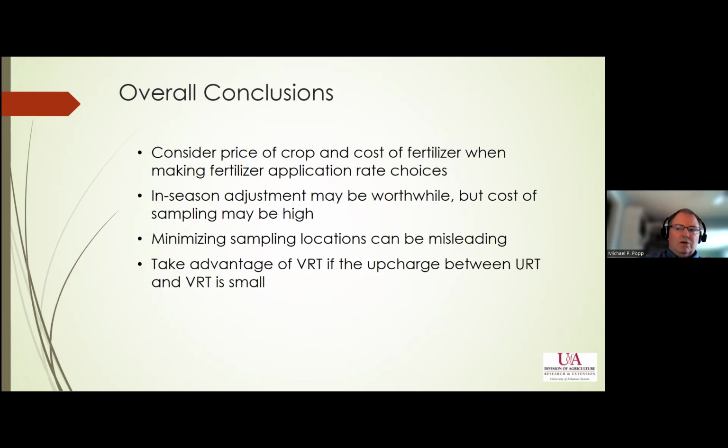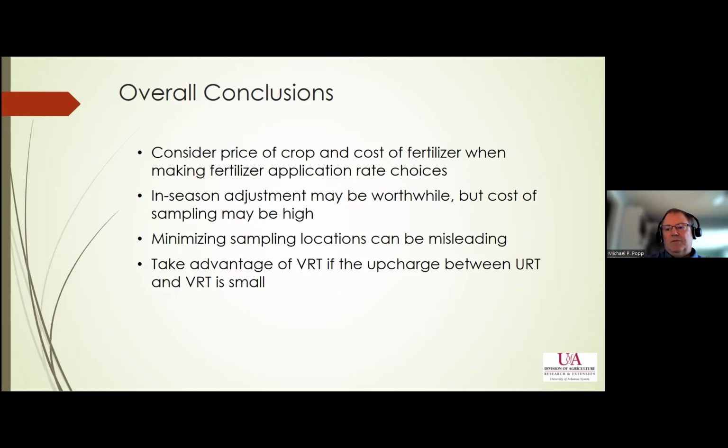So the overall conclusions that I'd like to offer for this presentation, and I know I'm still a little bit early, and there's some extra stuff that I've got in here in terms of future research. But let's wrap up on this so far. It's important to consider the price of the crop and the cost of the fertilizer when you're making your fertilizer application rate choice, if you buy into this sufficiency approach.